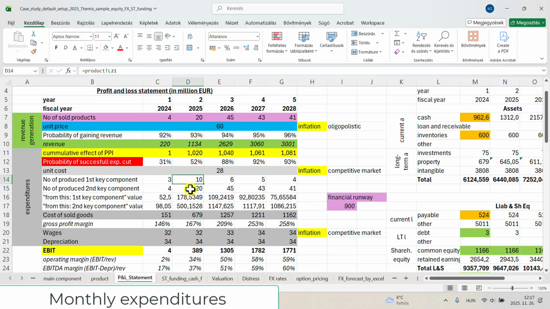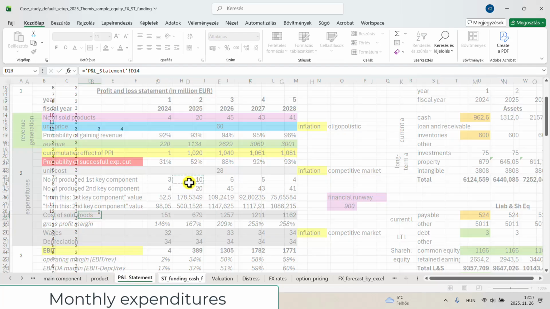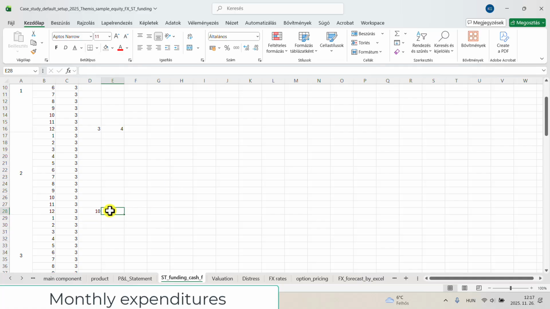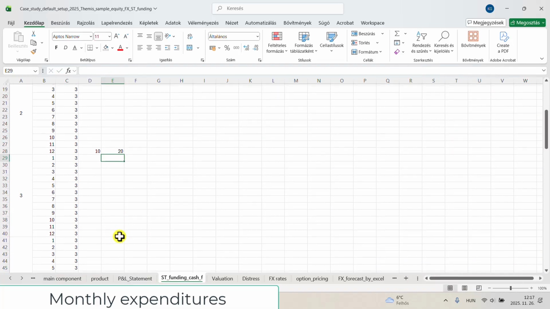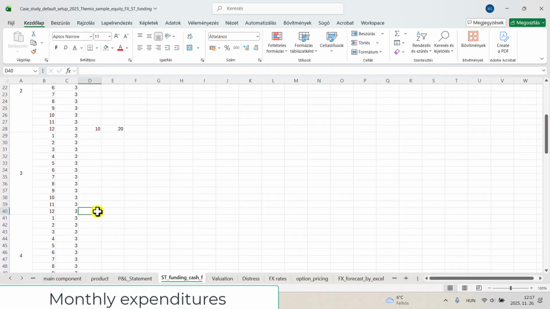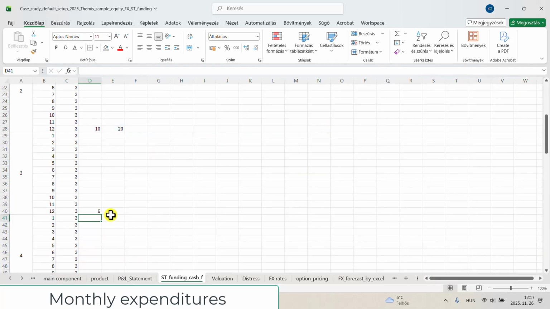Then in the second year we need 10, we need 20, and after that we just have to create a schedule for everything.